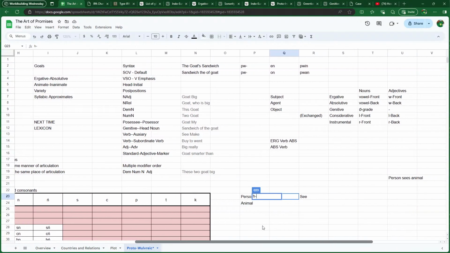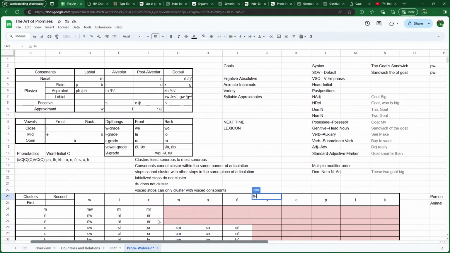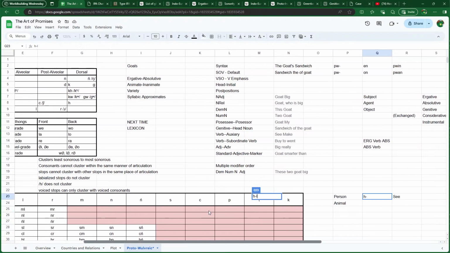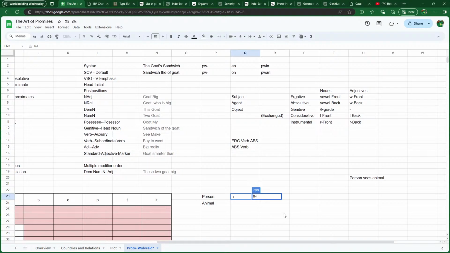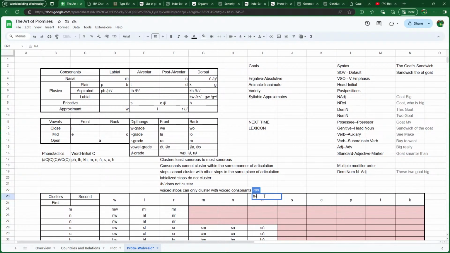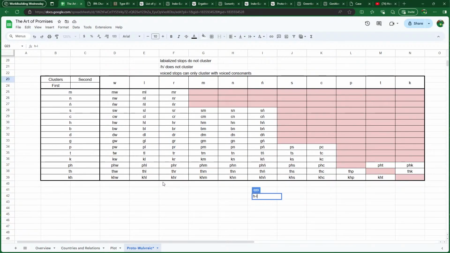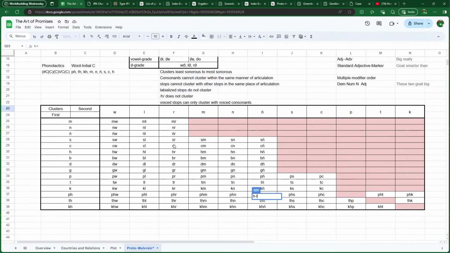So the first syllable, we'll have it whole. And then consonant clusters, we can have, all can't start one because it's an approximate.